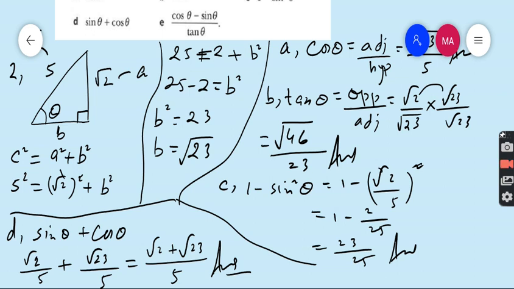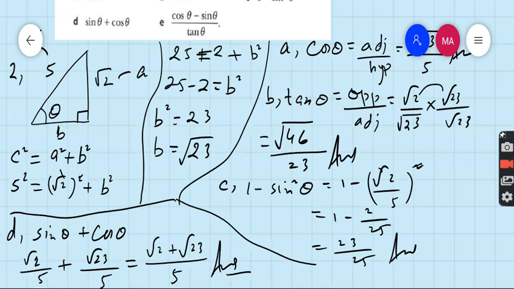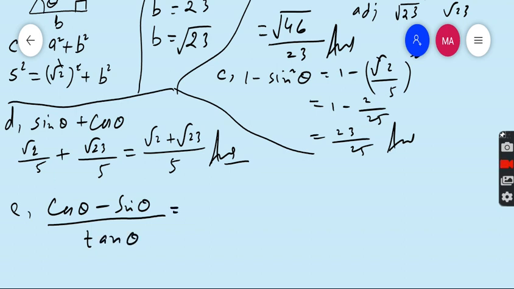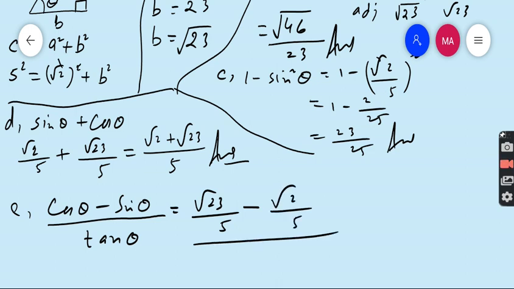What is part E? Cos theta minus sine theta upon tan theta. Cos theta we found in part A, which is root 23 upon 5, minus sine theta, given in the question, root 2 upon 5, upon tan theta, which we already found in part B, root 46 upon 23.